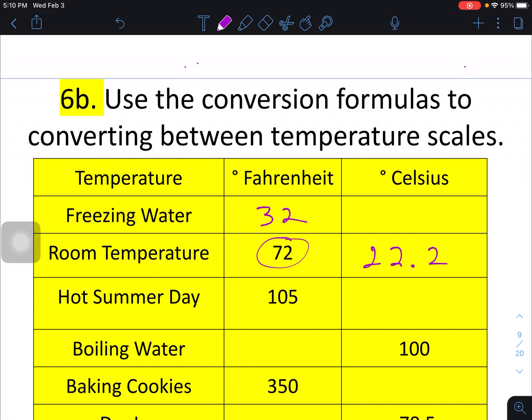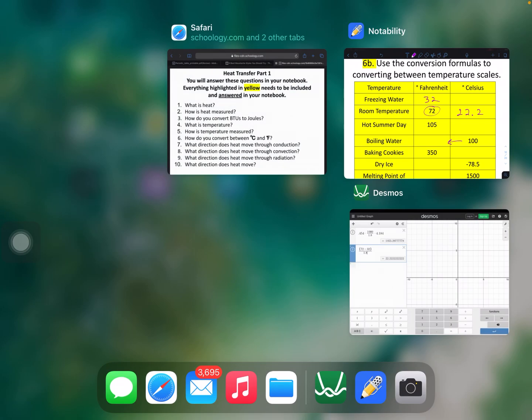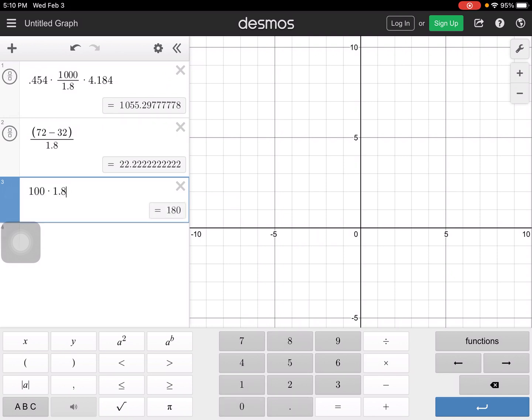22.2 degrees Celsius. How about going from boiling water in Celsius to boiling water in Fahrenheit? You would do 100 degrees, boiling water, times 1.8, and then you will add 32.